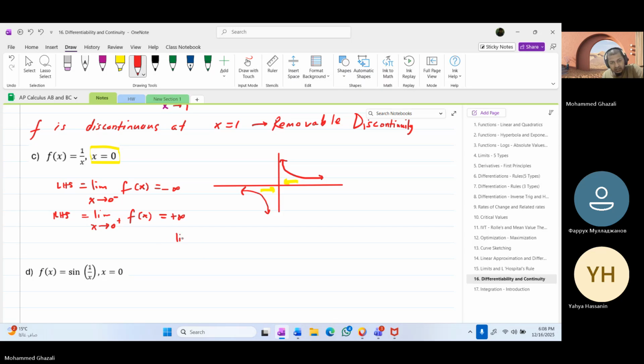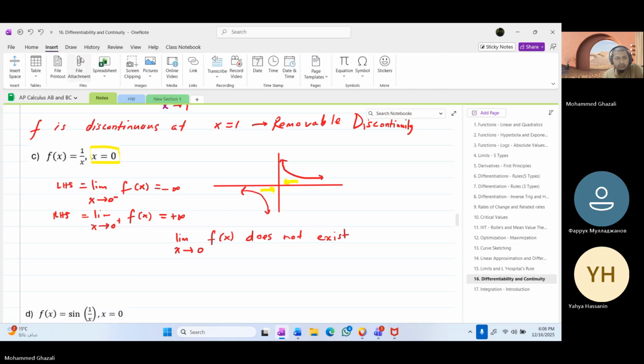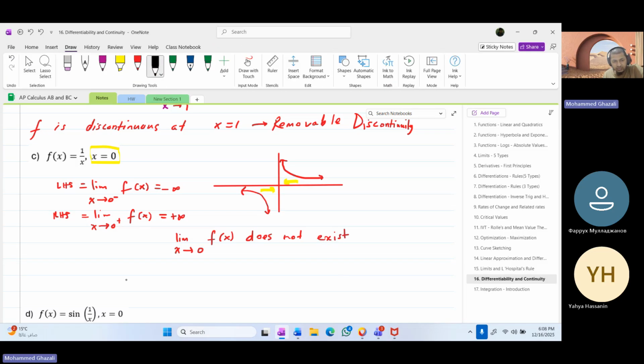And then you say limit as x approaches 0 of f of x does not exist. So we say f is discontinuous at x is equal to 0 and it is an infinite discontinuity, right?